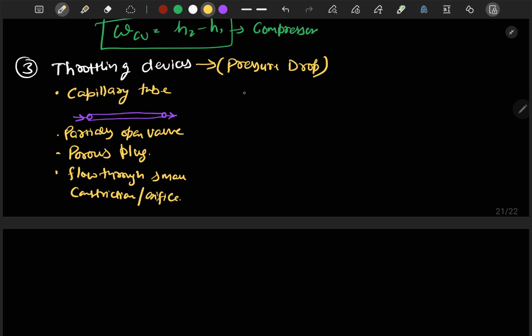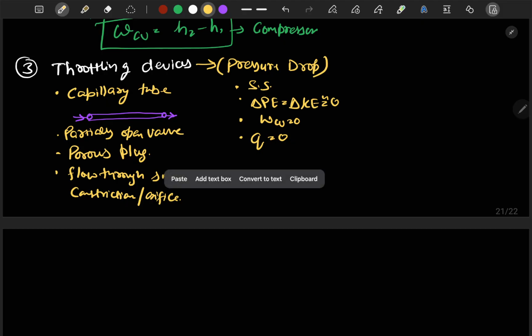Okay, so there are a few assumptions in case of throttling also. That is, closed, steady state. Second, the change in potential energy and change in kinetic energy is equal to 0 or negligible. The third is work done. There is no work done in case of throttling. There is no heat transfer in case of throttling.